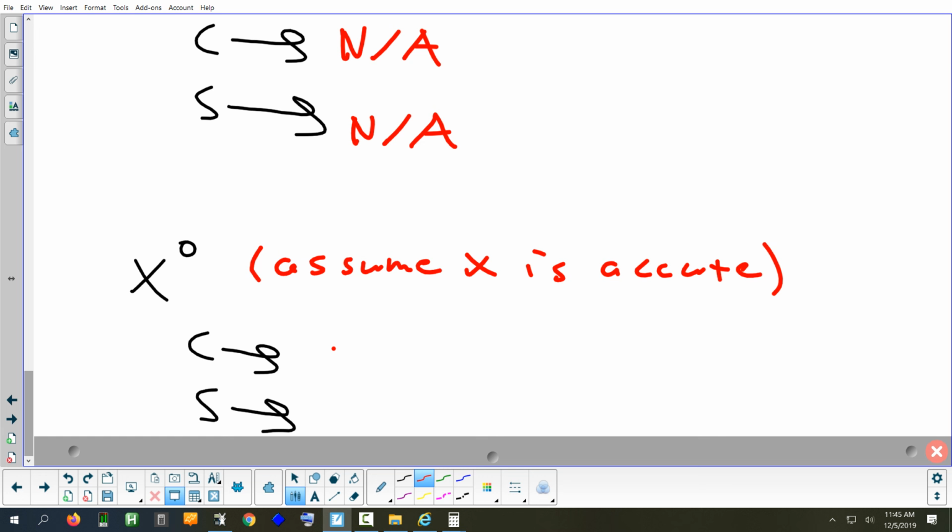Like what would you type in on a calculator if you had to find the complement of x, pretending like x was a number? Yeah. 90 minus x. 90 minus x. And Brandon, how about the supplement?